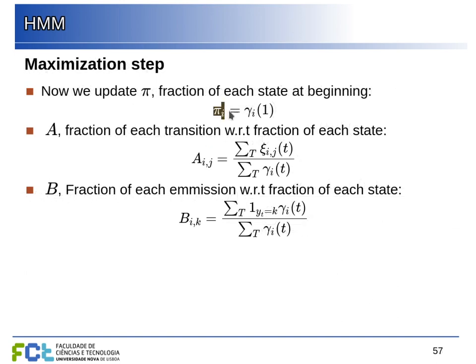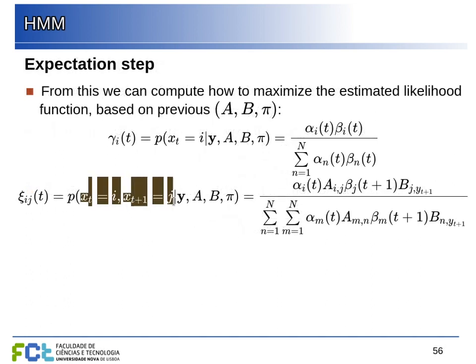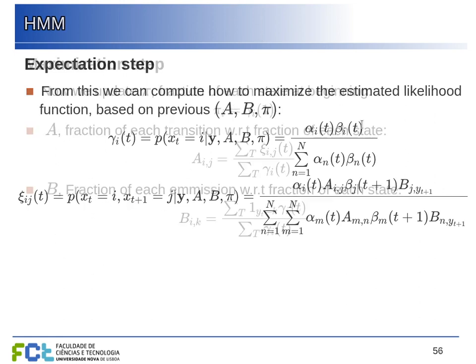This would be the best guess for this probability. The transitions between the two consecutive states is just what we get here: the joint probability for being in i at state t and being in j at state t plus 1, for all the different states.